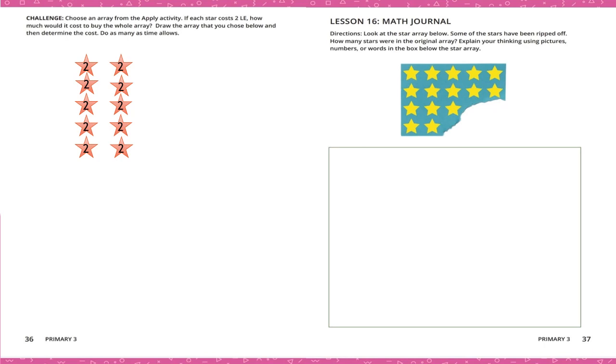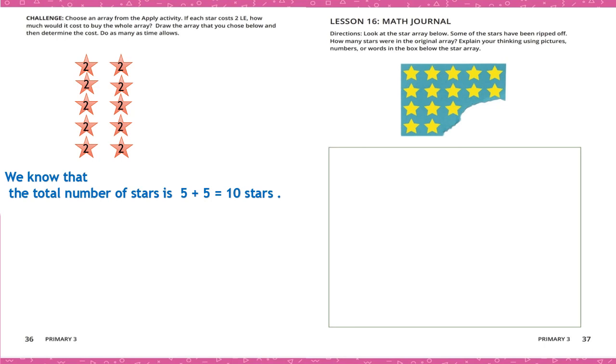To find the total cost, we want to know the total number of stars. Here I can say there are 2 columns, and in each column I have 5. So 5 plus 5 equals 10 stars.